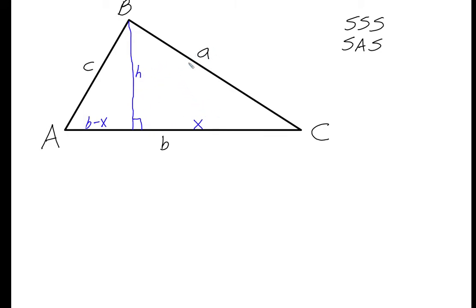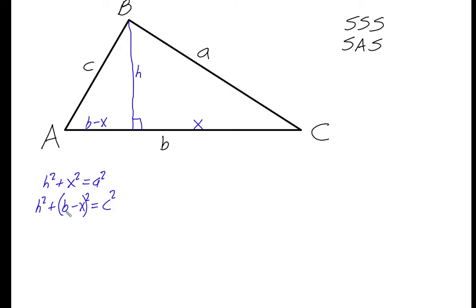Over here, a is the hypotenuse, so we've got h squared plus x squared equals a squared. In the left-hand triangle over here, c is the hypotenuse, so we've got h squared plus (b minus x) quantity squared equals c squared.